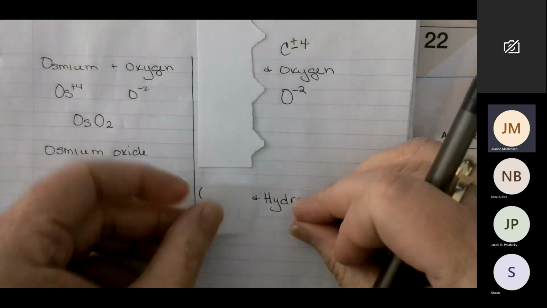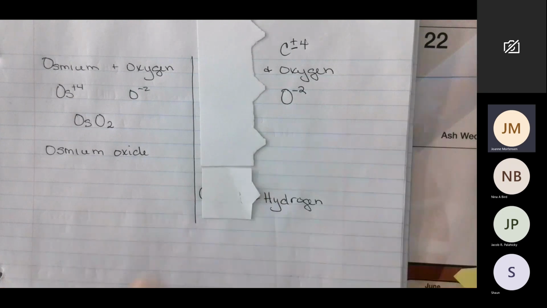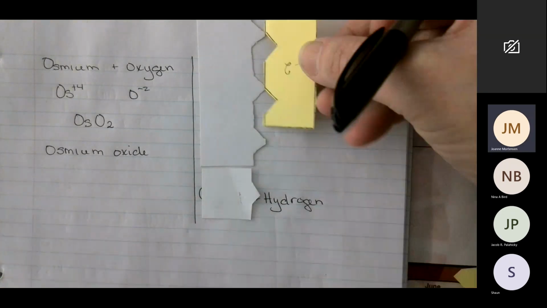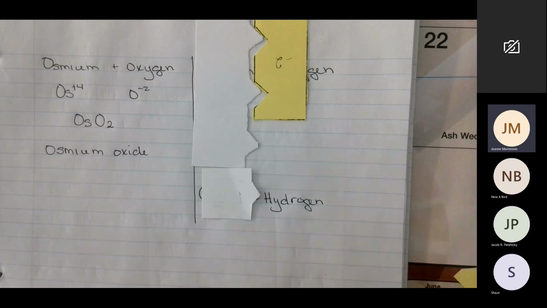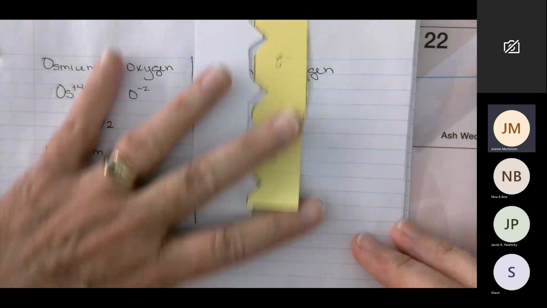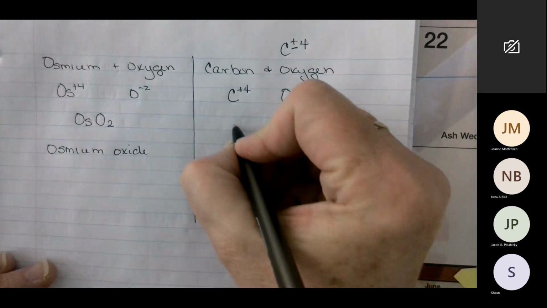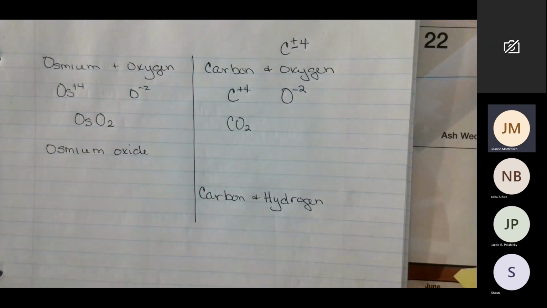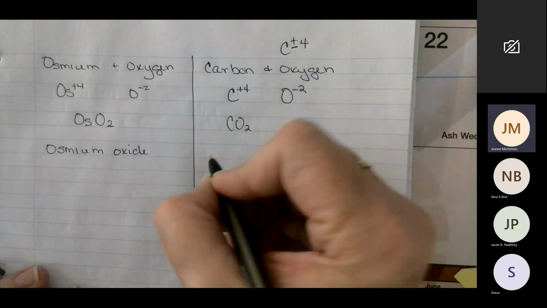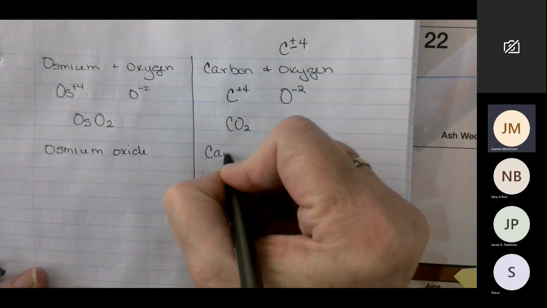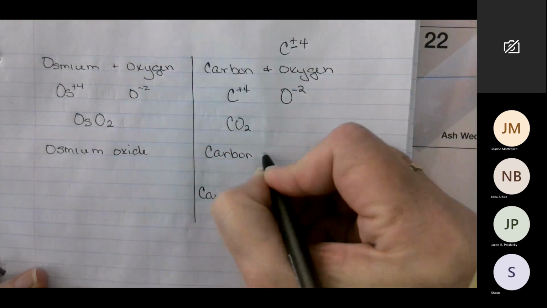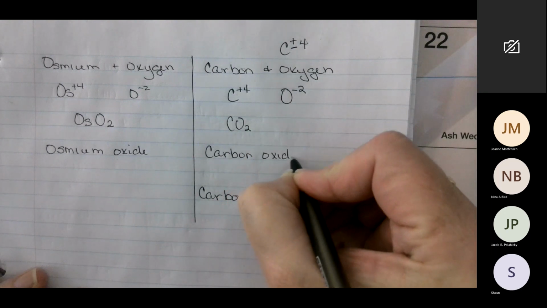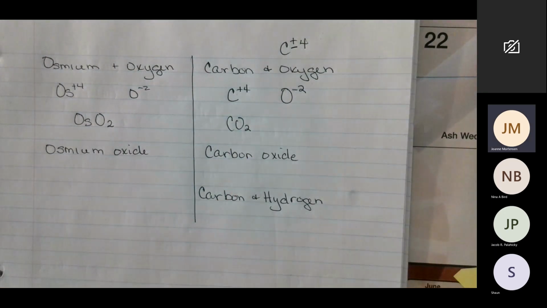Okay, so there's my carbon, it's my +4, and a -2, and another -2, and we get CO2. When we're naming it, I'm okay if you say carbon, because that's what we've been doing.